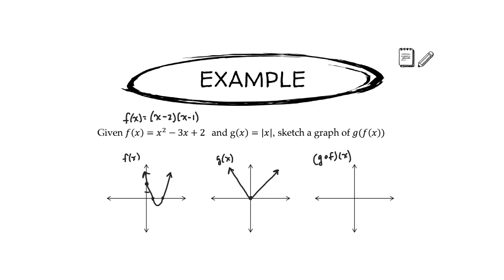At this point, I'd like you to pause the video and think about what g circle f is going to look like. g circle f, of course, is the absolute value of x squared minus 3x plus 2.